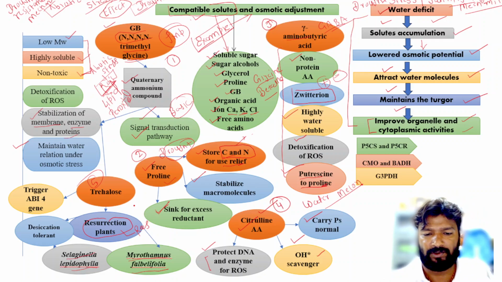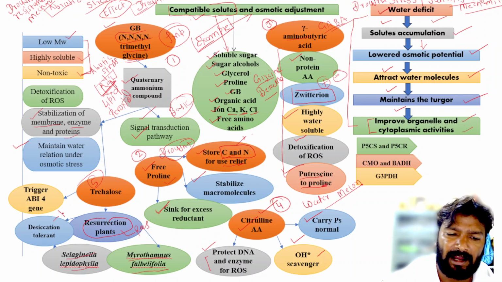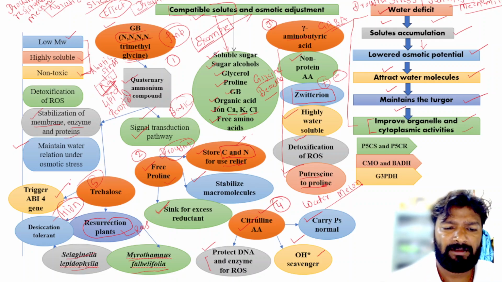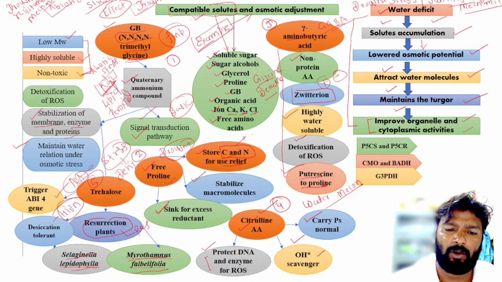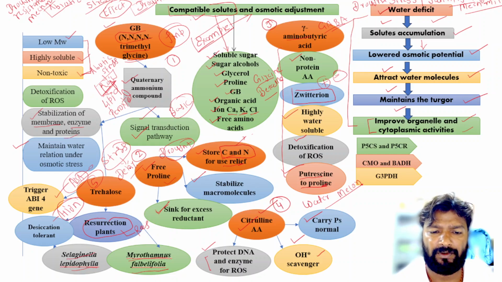These plants regenerate when they get water again, because they have very high capacity of desiccation tolerance, and this triggers the ABI4 gene synthesis. When there is an increase in ABA, which is also known as the stress hormone, it provides stress or dehydration tolerance. So this is the function of trehalose.